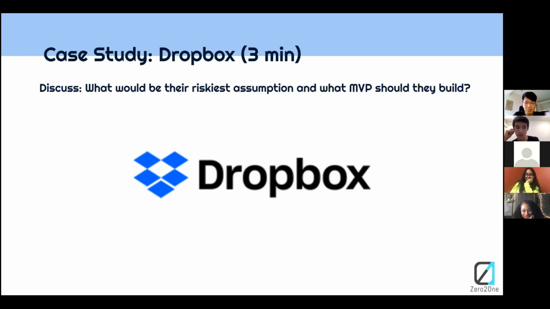Yeah. So I think the problems we discussed are pretty similar to the problems that everyone has brought up about the comparison of Dropbox to existing means of storing your files and data, like pen drives.